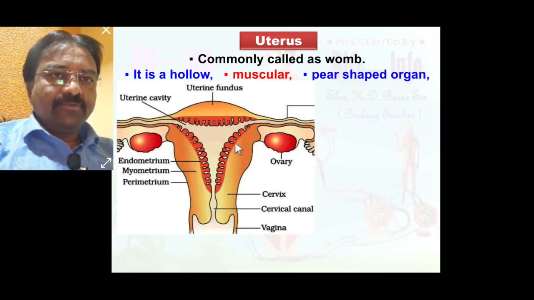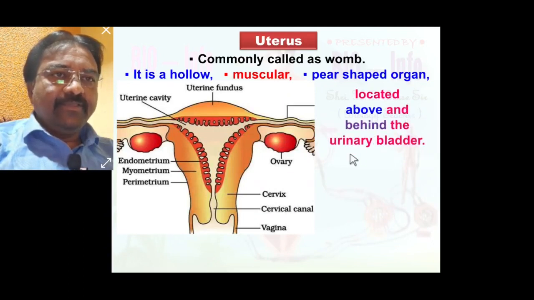Inside the uterus there is a cavity, hence it is called a hollow structure. It has muscular walls, so it is also called a muscular, pear-shaped organ, located above and behind the urinary bladder.